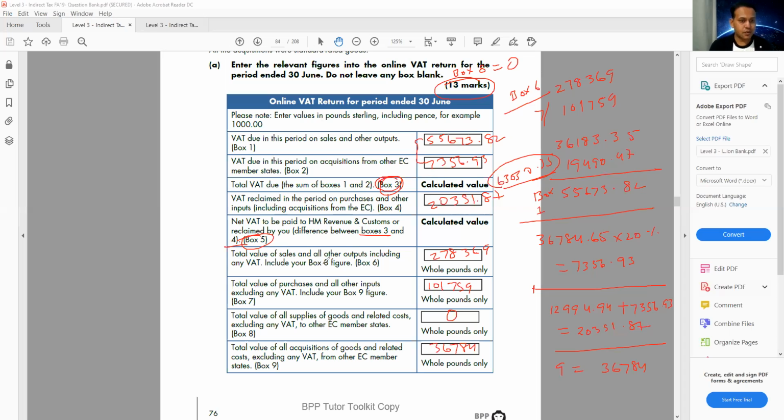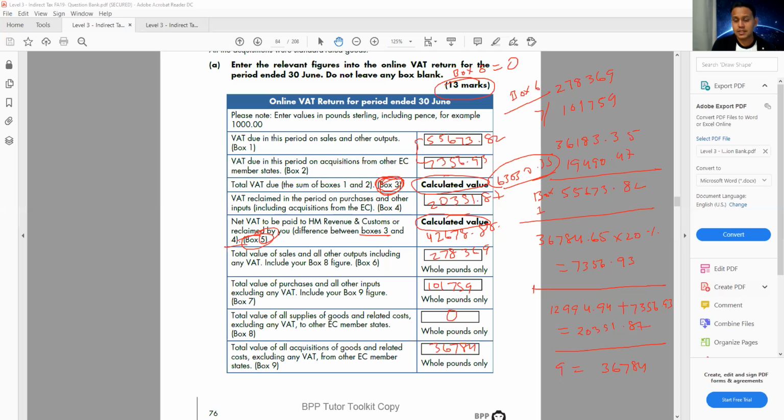That gives me 42,678.88. We are just doing these two for the question we have for requirement B. For requirement B, they're asking for box 3 and box 5. So we just calculated everything for these two answers.